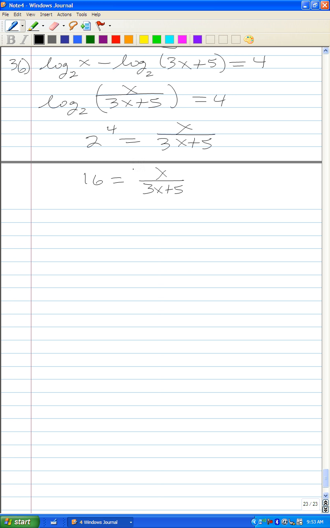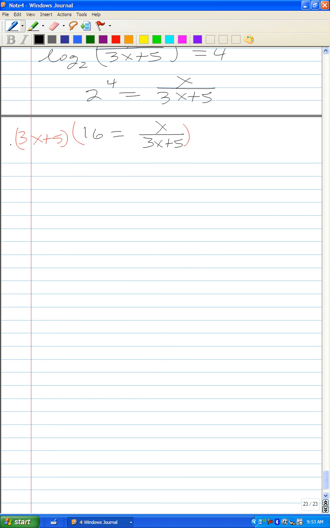Multiply both sides of your equation by 3x plus 5. And so you get 48x plus 80 is equal to, the 3x plus 5's cancel, so x. Wouldn't it be nice if I multiply correctly?